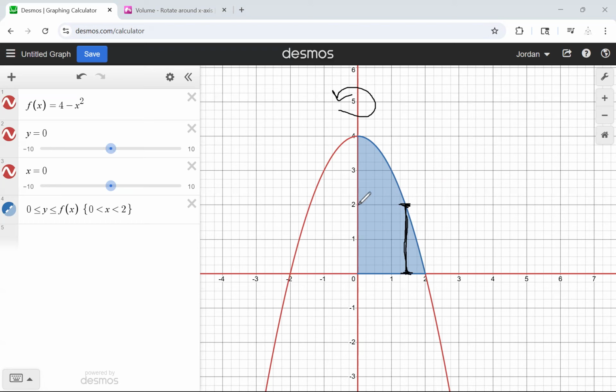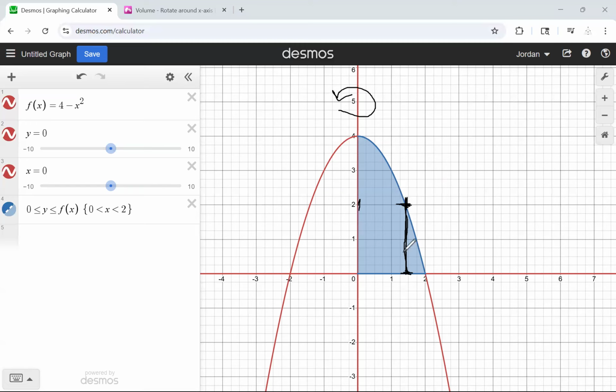The radius of the shell, on the other hand, is going to go from whatever place we're at right here down to the y-axis. So the radius is going to go this way, but the rectangle I'm using is parallel.